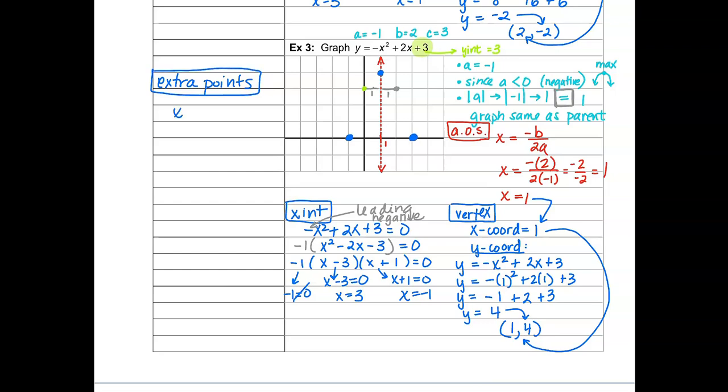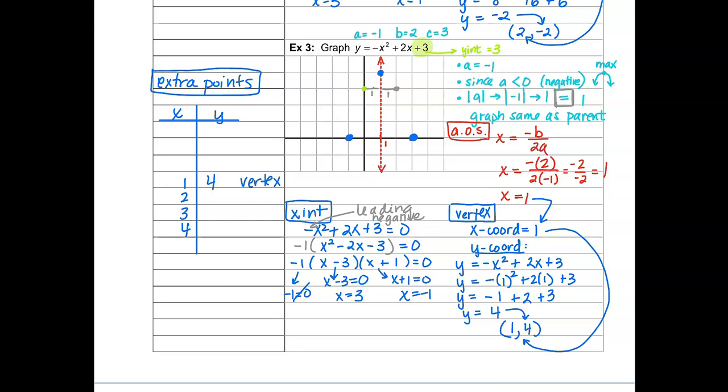So here's my x and my y. Let's put the vertex in the middle. 1, 4. This is my vertex. Counting up, right? 2, 3, 4.